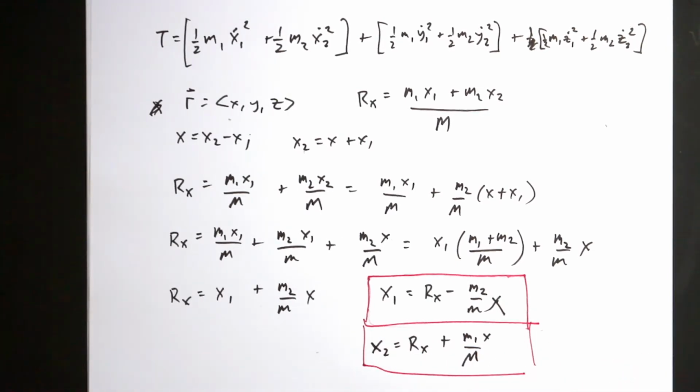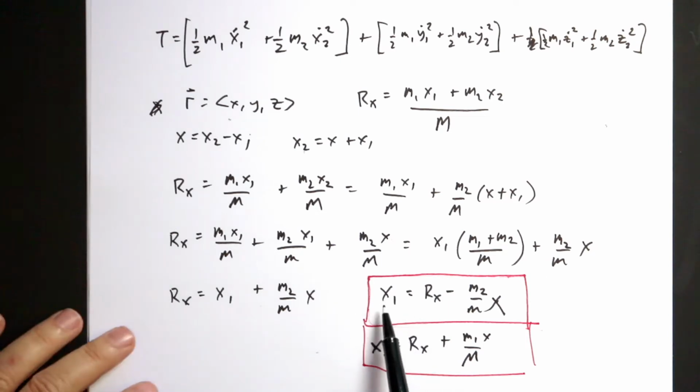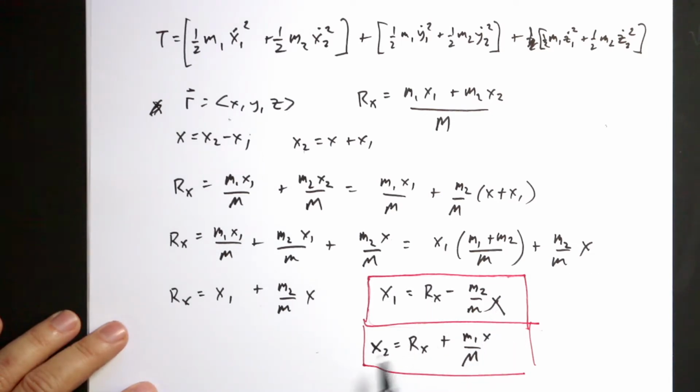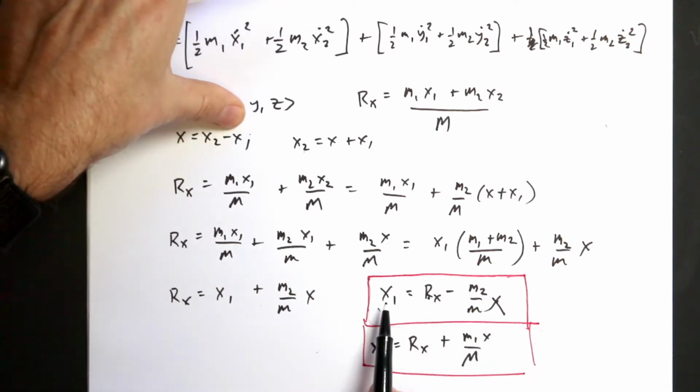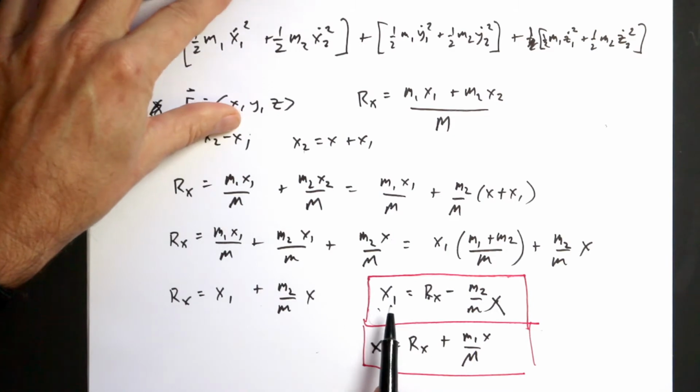Okay, so now I have the x position of the mass in terms of the location of the center of mass and the vector from mass 1 to mass 2, and also for x2. And I need these because these are in the kinetic energy, but I want to get the kinetic energy in terms of R and x. So let's take the derivative of both sides, because I'm going to need x1 dot, right?